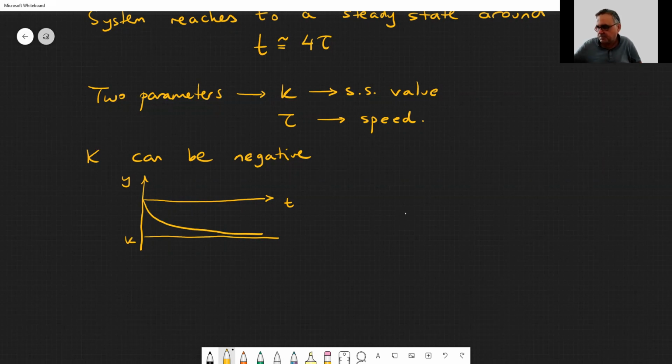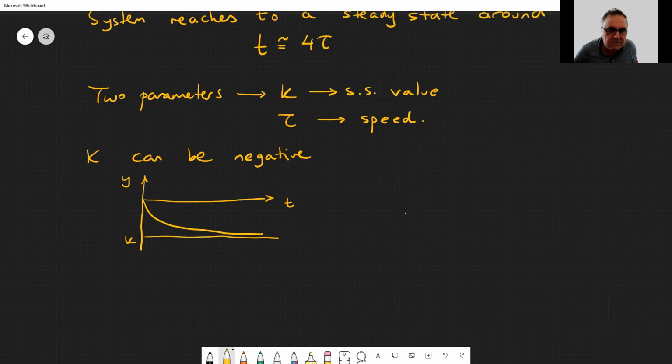For example, when you have an air conditioner, let's say, you turn on the air conditioner in the summer, and the air conditioner decreases the temperature of the room. So the gain of the air conditioner is a negative number, for example. Okay? There is nothing magical about it.